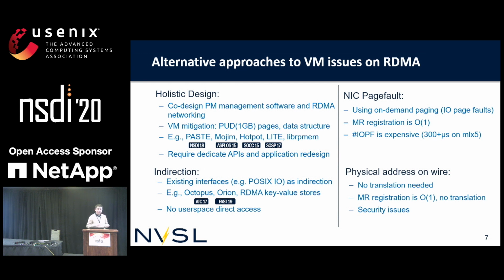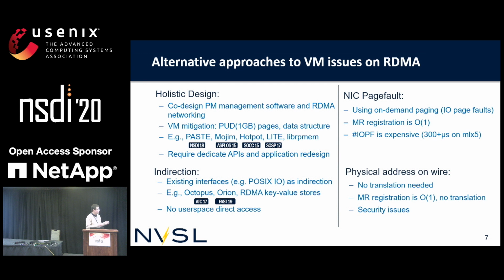Similarly, we can provide an indirection. For example, we build a distributed file system with the POSIX interface, which does not expose the VM directly to the user, and then we lose the most important feature of persistent memory, which is byte addressability.